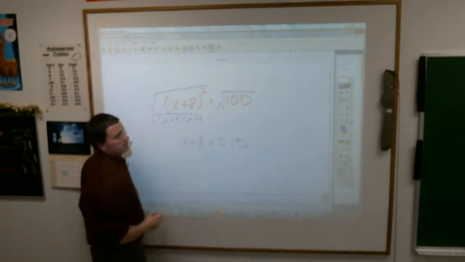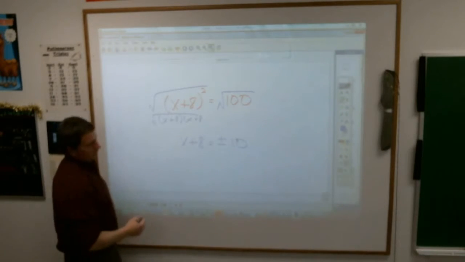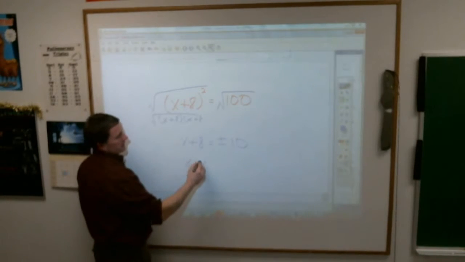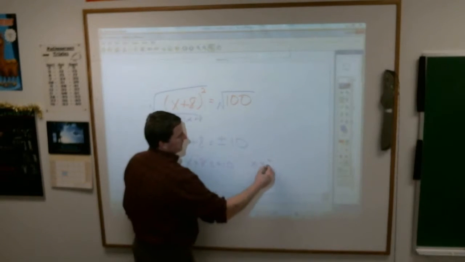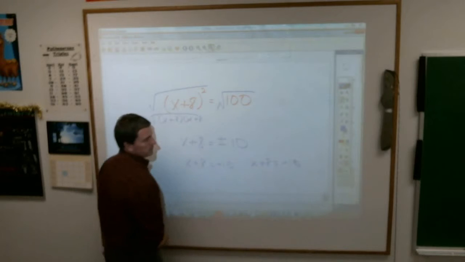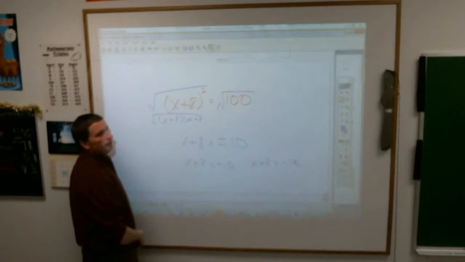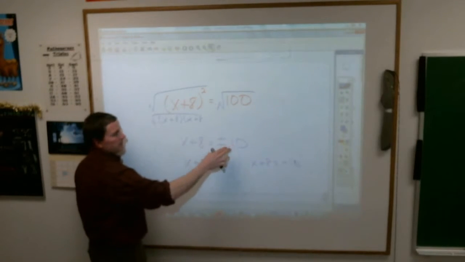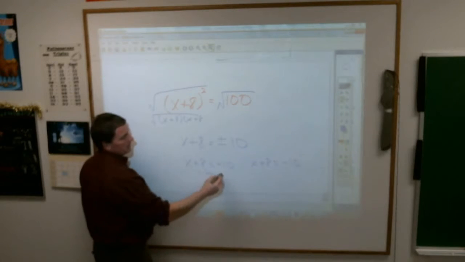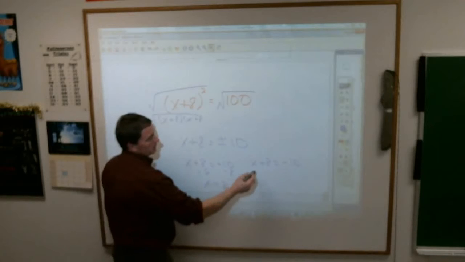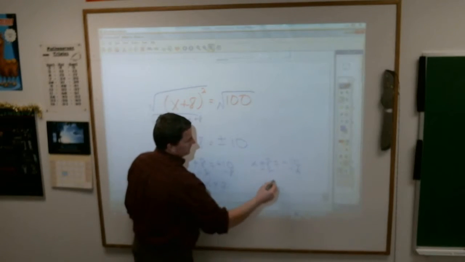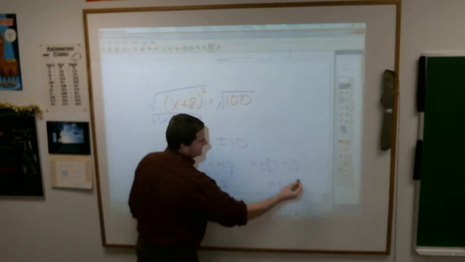You have to do both situations. Okay, so x plus 8 equals positive 10. X plus 8 equals minus 10. I have to solve both of those. One for the positive side of 10, one for the negative side of 10. Subtract 8, x equals 2. Subtract 8, x equals negative 18.